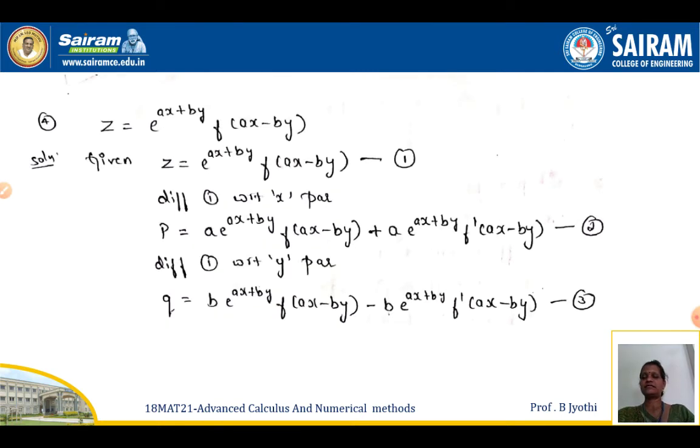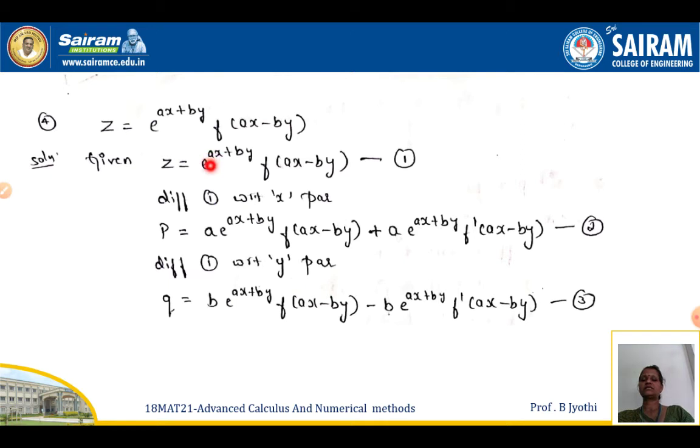Let's take another example. z is e power ax plus by times f of ax minus by. Consider it as 1. Differentiate with respect to x partially. Here you can differentiate either with respect to x or with respect to y. Since both are having x and y, we need to apply the product formula in both cases.